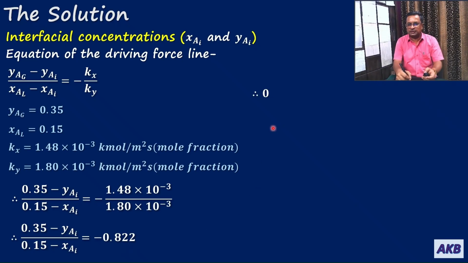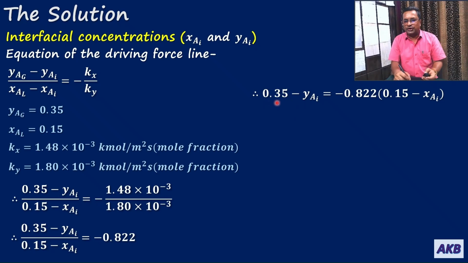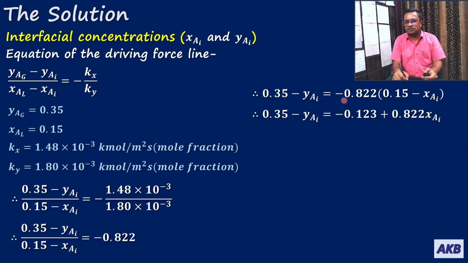Let us simplify this further. I will bring this term to this side, so it will be 0.35 minus YAI is equal to minus 0.822 into (0.15 minus XAI). Let us simplify it further. That is 0.35 minus YAI is equal to minus 0.822 into 0.15, which is minus 0.123, plus 0.822 into XAI.